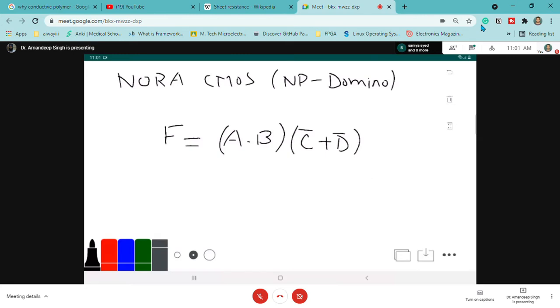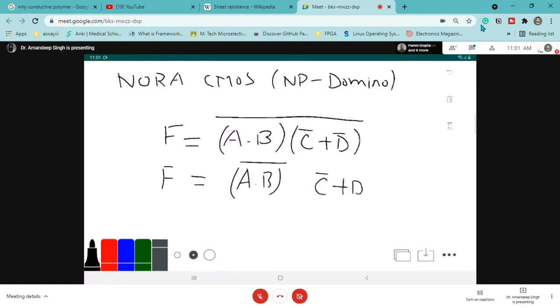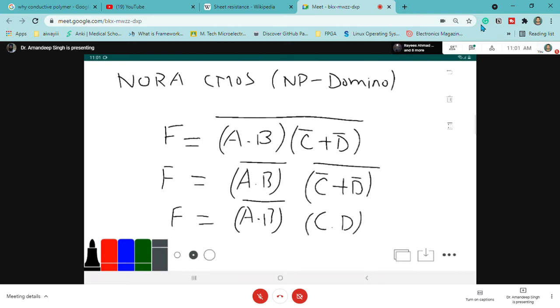If we want to implement this, then F will be A dot B bar, and then C bar plus D bar bar. Or we can write it as A dot B bar, C double bar dot D double bar, which will basically be C dot D. This will be your function.